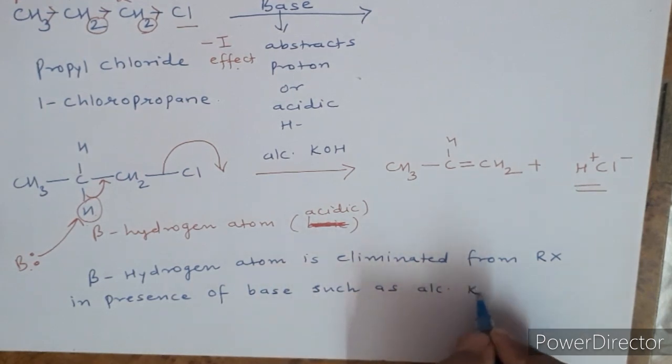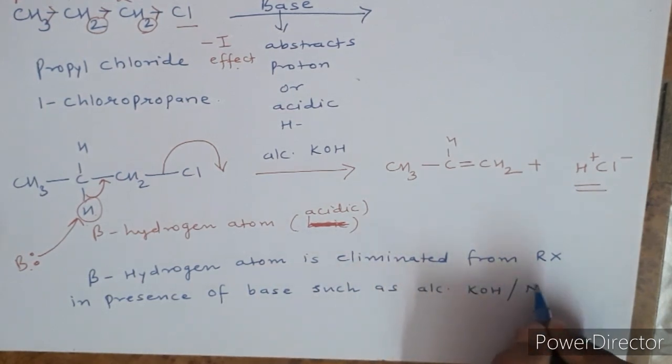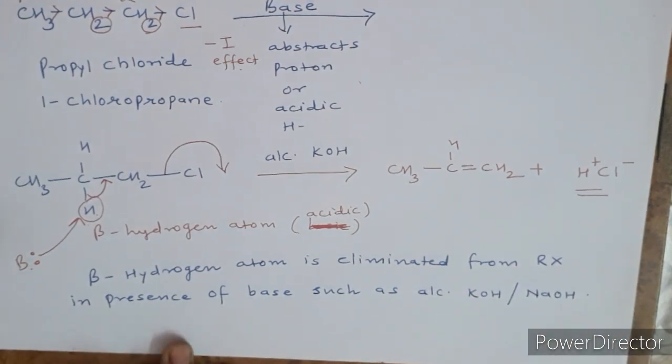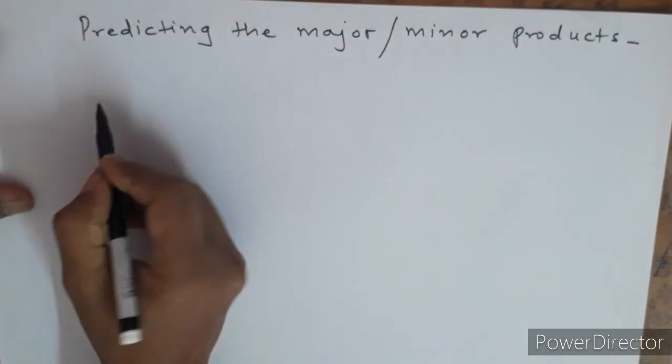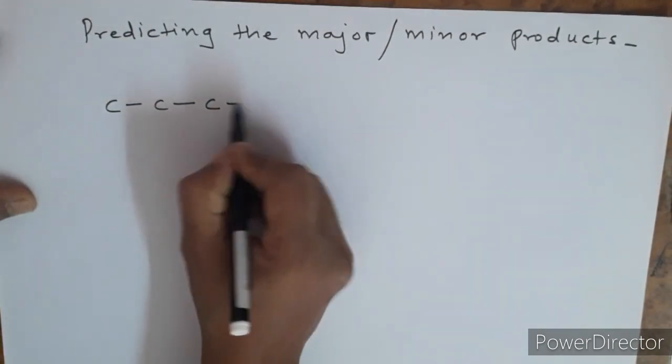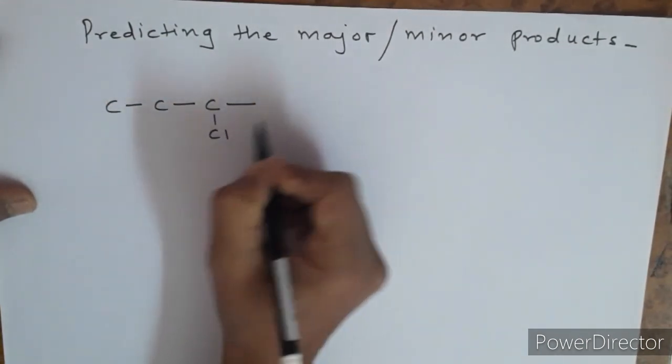So what we have done right now is removal of beta hydrogen atom. How to predict the major and minor products? So here we are going to understand one important rule.